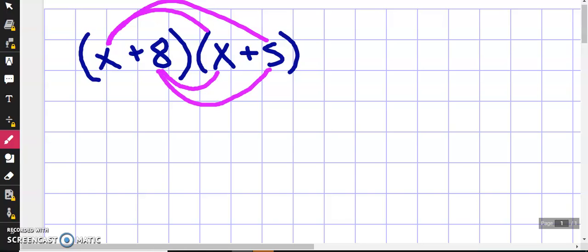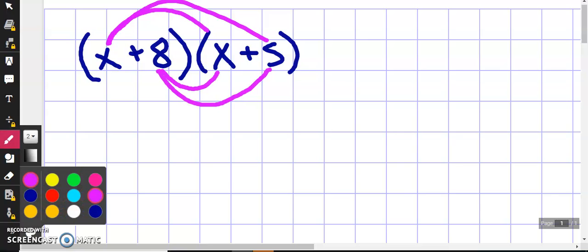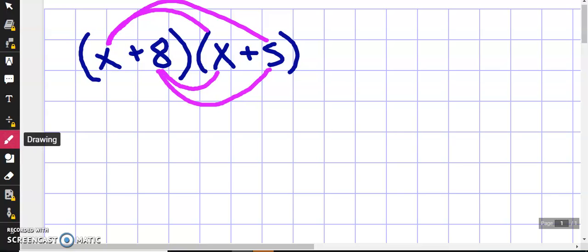And so the easiest way to do this and kind of keep everything organized is to set up a little box or a grid that looks almost like the matrix that we were working with in the previous section. So what I'm going to do is take the x plus 8, and instead of writing it going across, I'm going to write it going up and down.